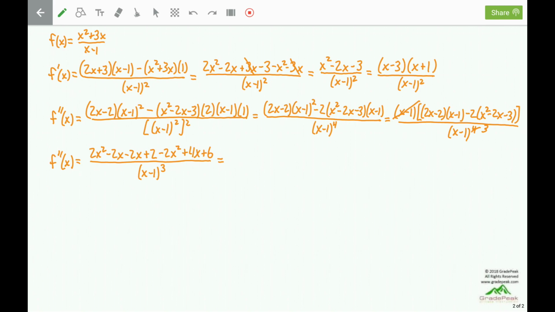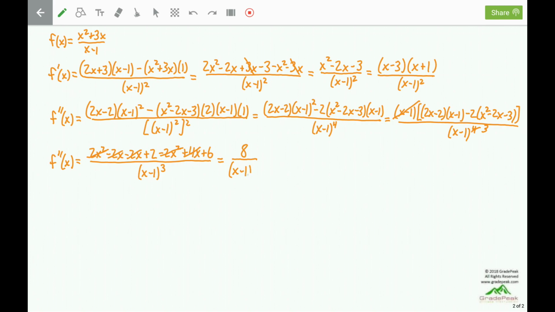We want to combine like terms together in the numerator. There is a positive 2x squared and a negative 2x squared that will fully cancel. There is a negative 2x, another negative 2x, which is negative 4x, add to the 4x, which will fully cancel. We have a positive 2 and a positive 6. Those will add together to become positive 8.